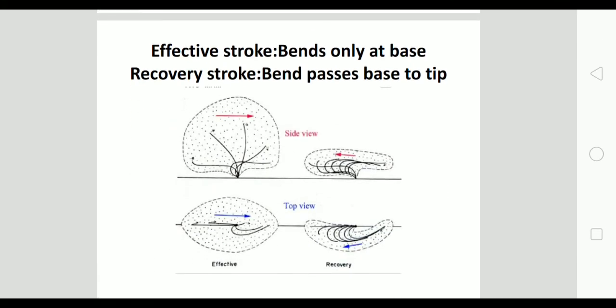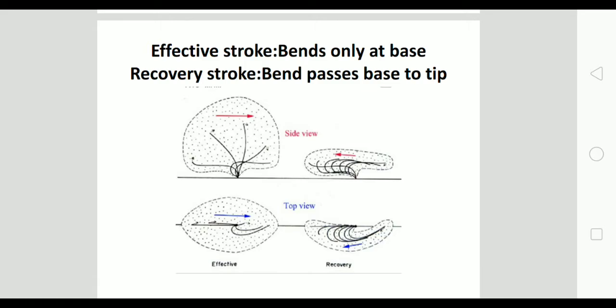The two types of strokes in paramoecium can be understood with this diagram. You can observe the effective stroke and recovery stroke. The top view we can see in this diagram.